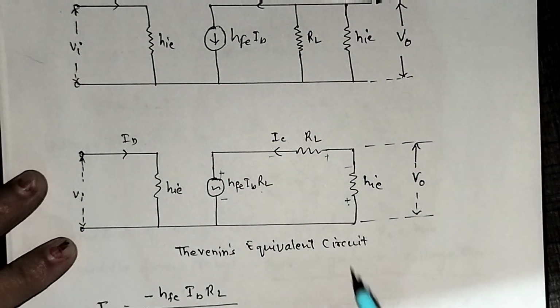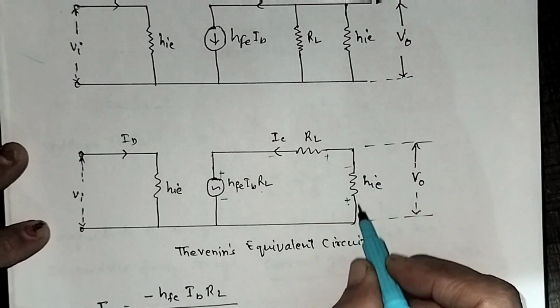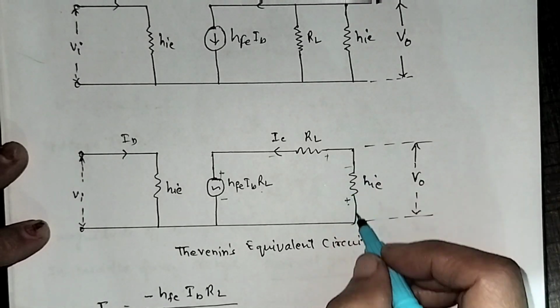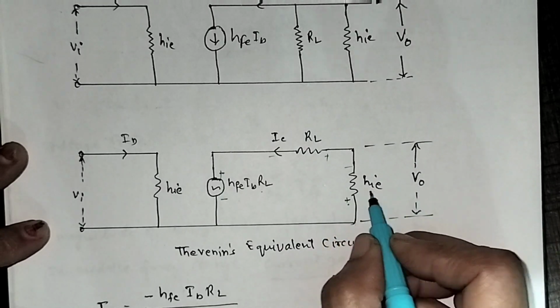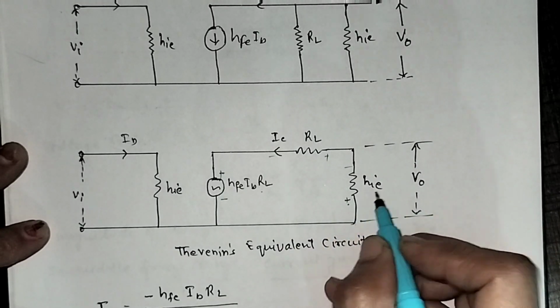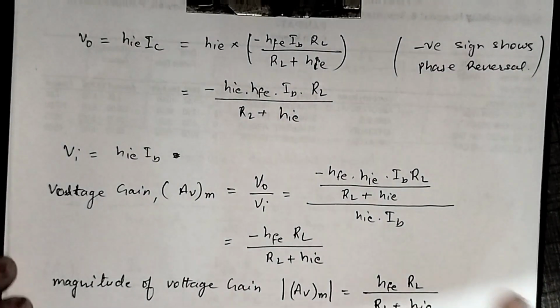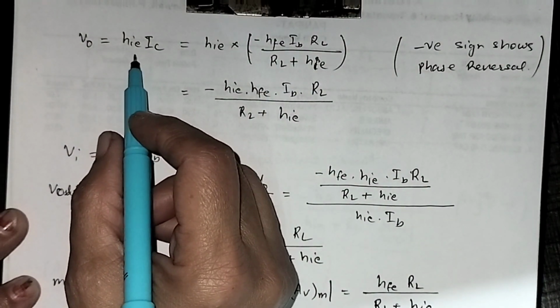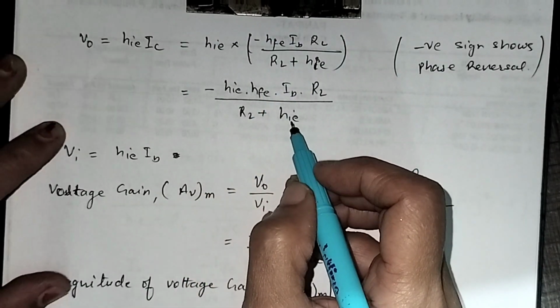Now we'll find the expression for output voltage. As the output is taken across this resistor, meaning output impedance, the expression for output voltage will be IC into hie. We will put the value of IC and find the expression for output voltage.